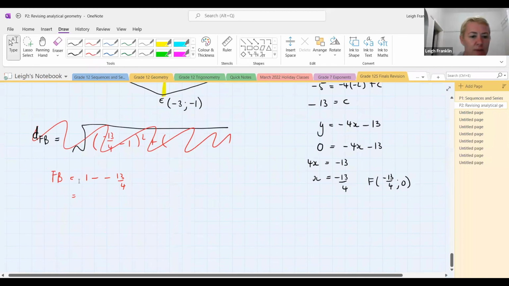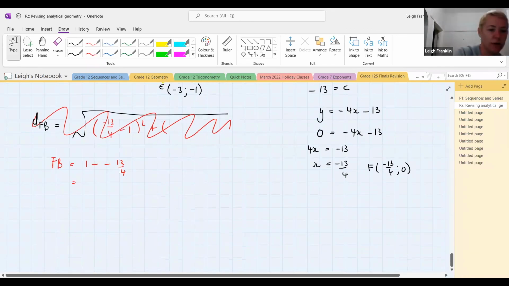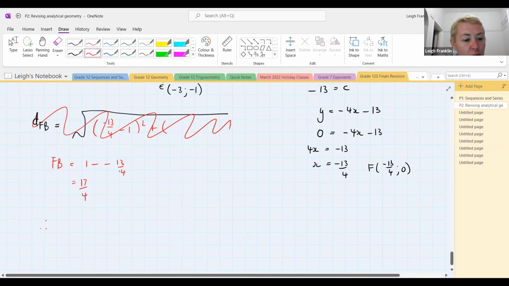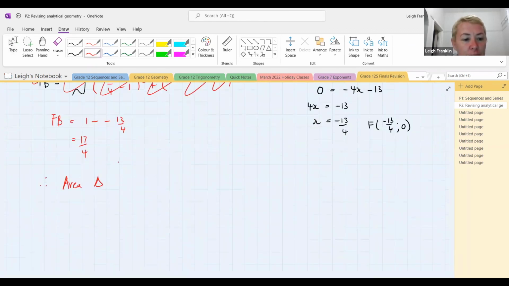This leaves us with 17/4, so that is the length of FB. Therefore, the area of triangle FEB equals half base times height.